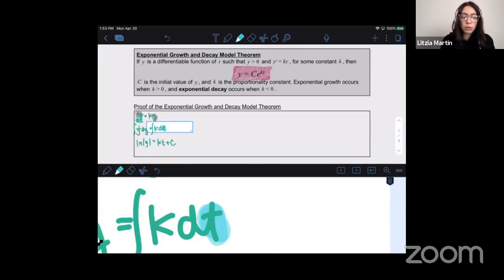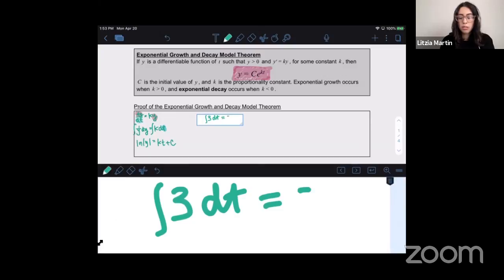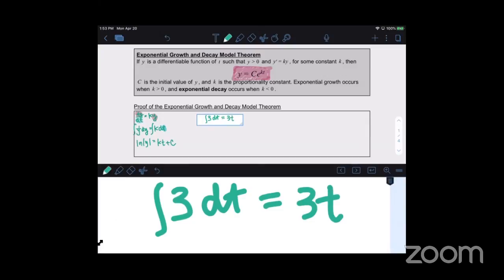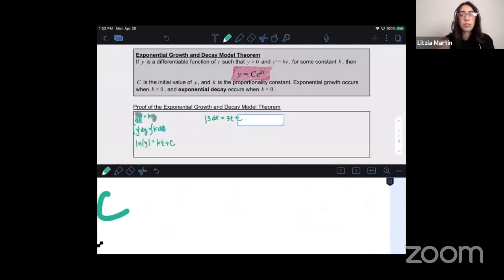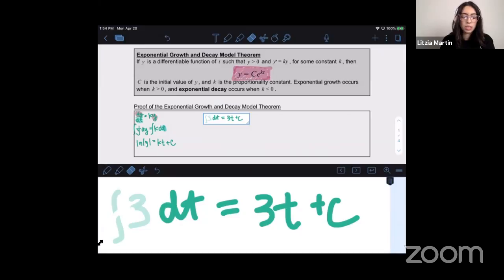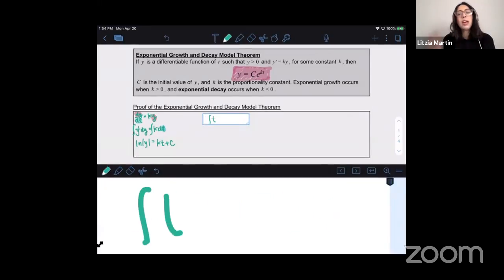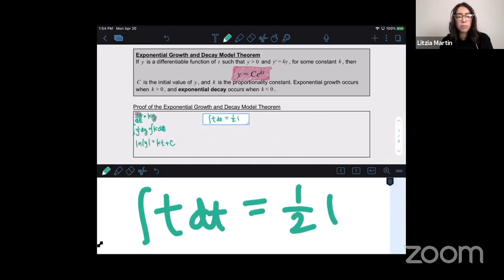So if you were, for example, to integrate 3 dt, that would become 3t. Oh, okay, I see. All right, so that's the property that we're using of the different constants. So if it was the integral of t dt, then you would be able to do 1/2 t squared because it's the same variable of integration.